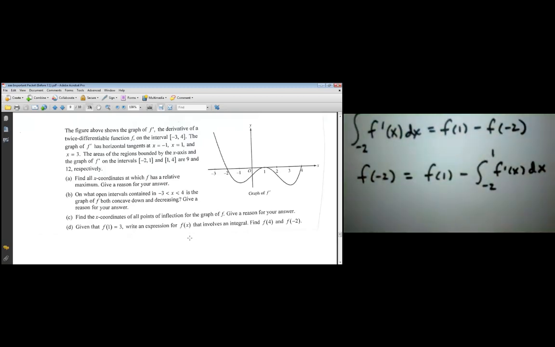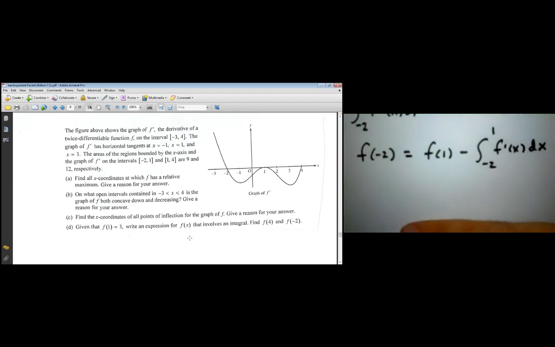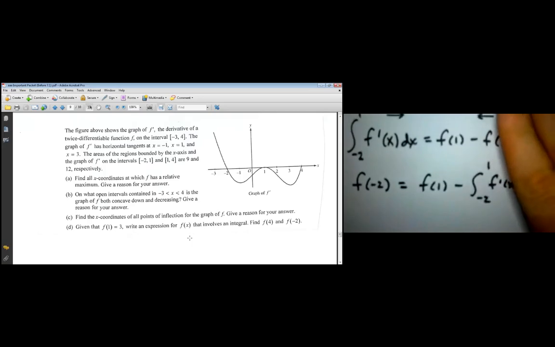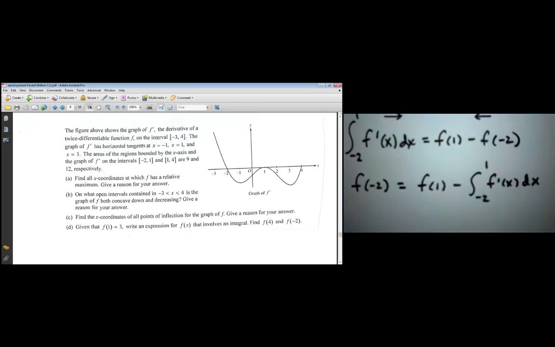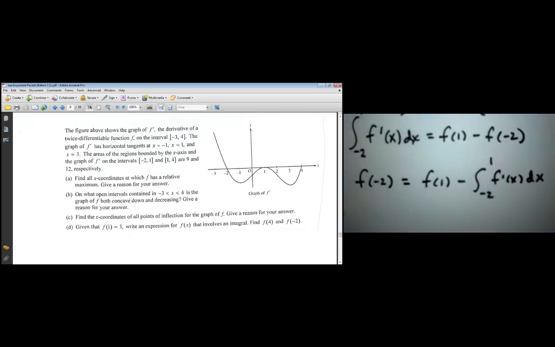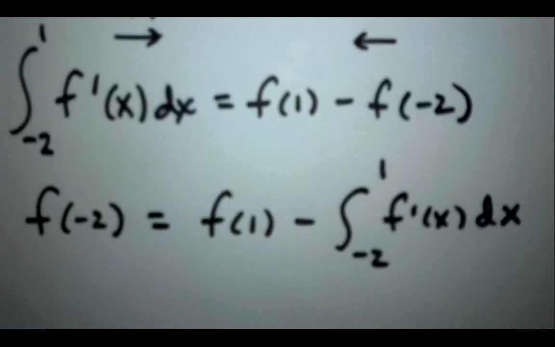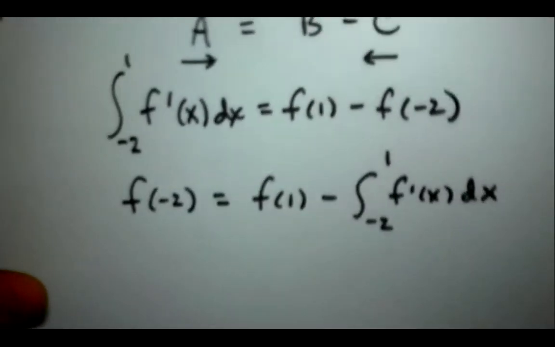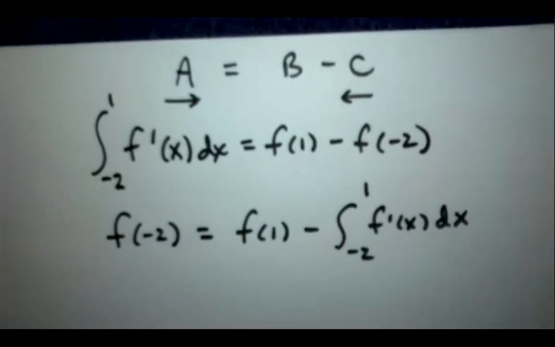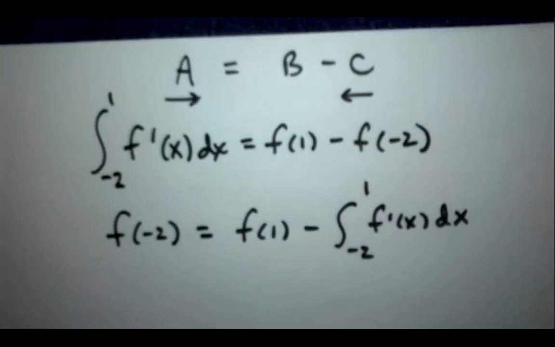Any questions there? Well, shouldn't it be negative f of -2? I added it over. Oh, okay. This might sound like a stupid question, but couldn't you just subtract f of 1 and it would appear on the left side, and then because both sides would be negative, they would cancel? No, I don't know about that.